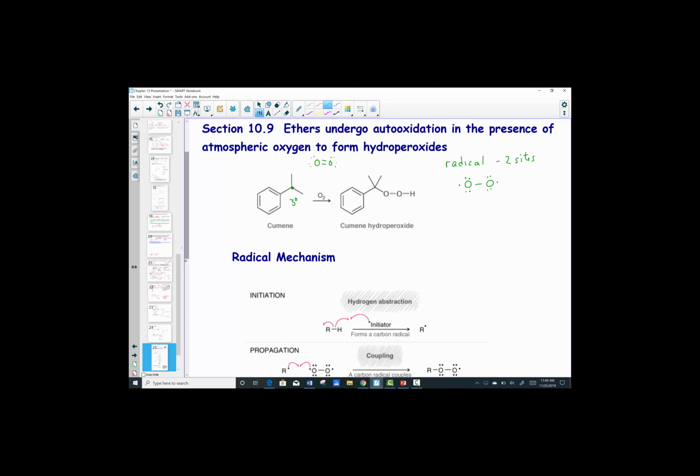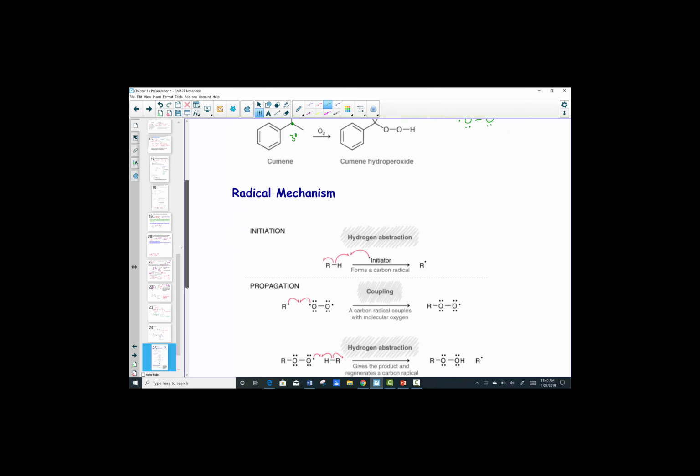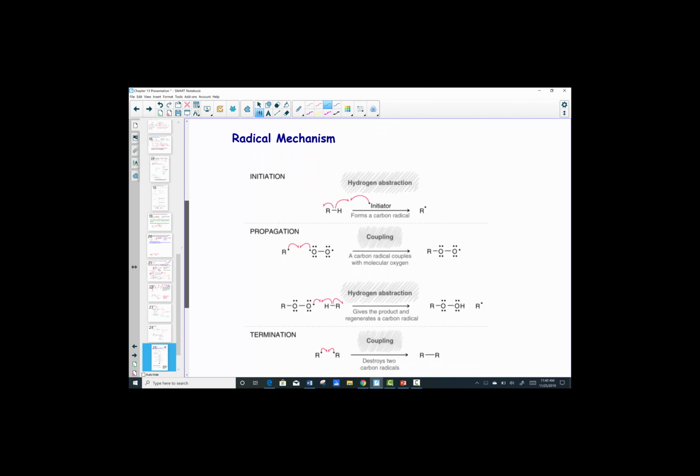So let's take a look at how the reaction proceeds via the radical mechanism. We see our 3 steps of any radical mechanism. The first step is always an initiation. We know that initiation has to form radicals. That's the job, to initiate.